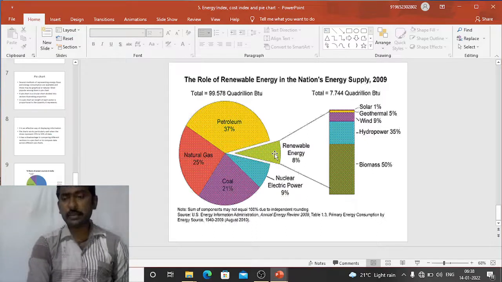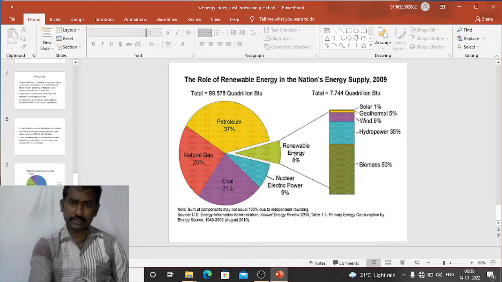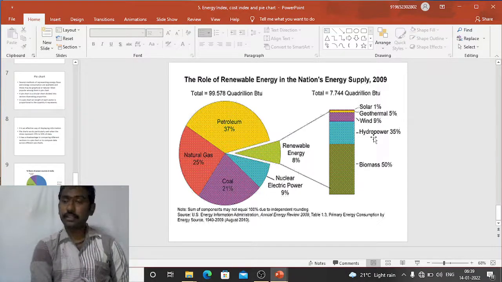So these are all present in another manner. Among these 8%, solar energy will be present as 1% in the 8%, geothermal energy 5% in the 8%, wind energy 9% in the 8%, hydropower 35% in the 8%, and biomass 50% in the 8%.